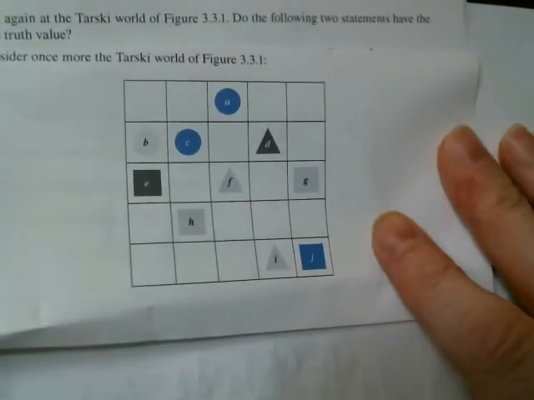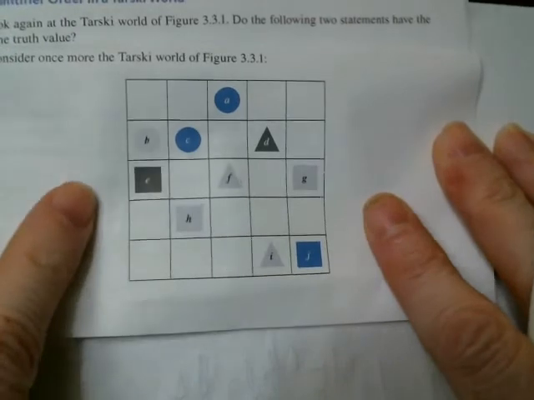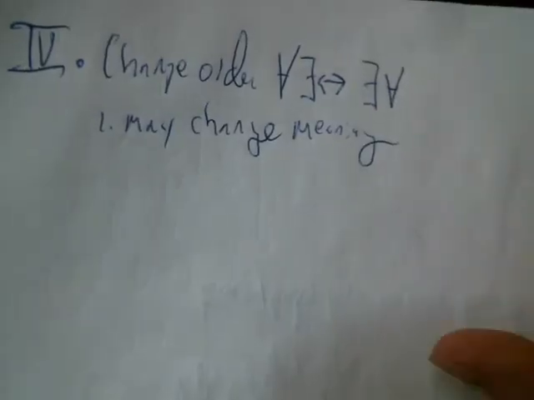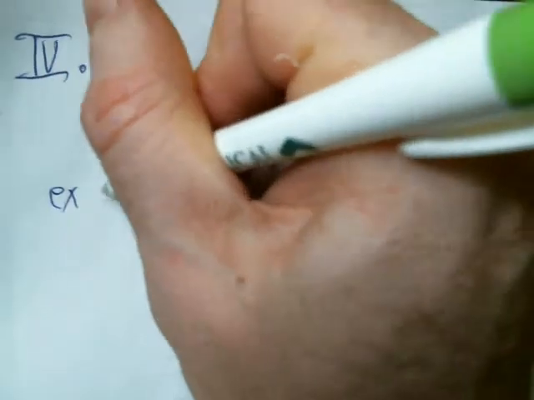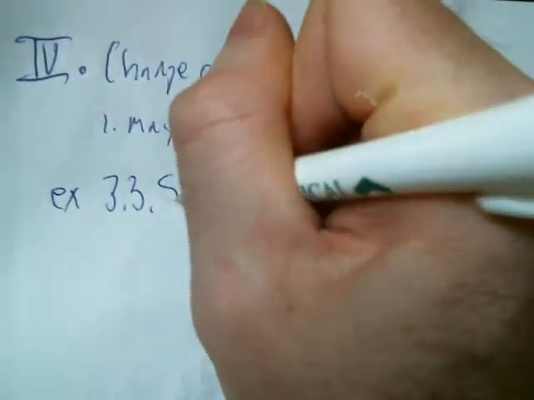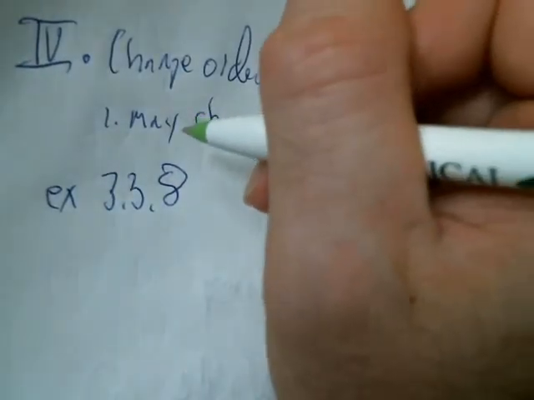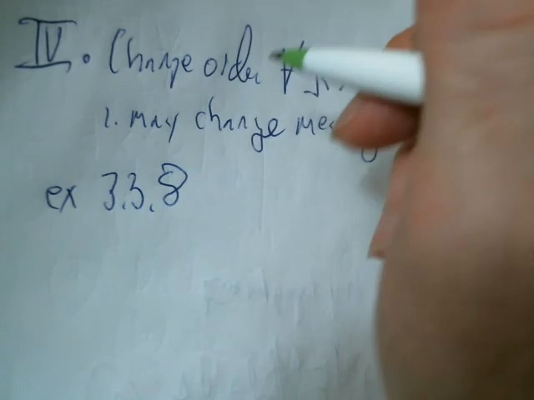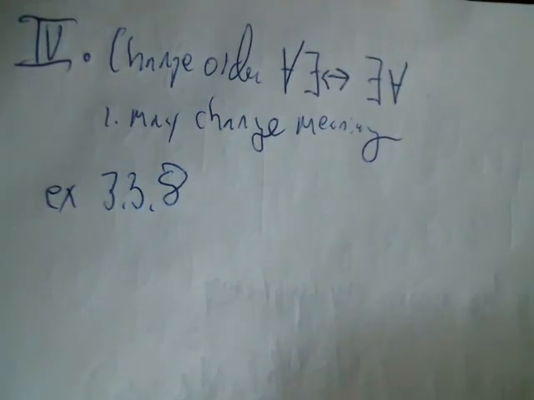Okay, so let's see what the question is. This is example 3.3.8. It's actually on the bottom of page 137. It's shown twice in the book.